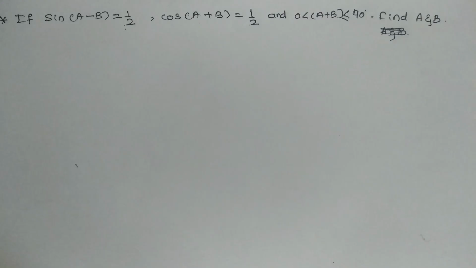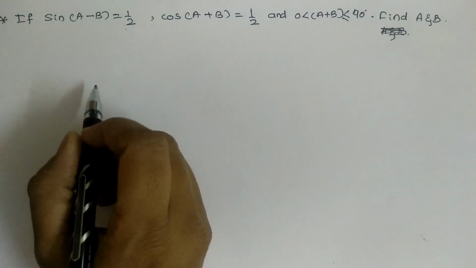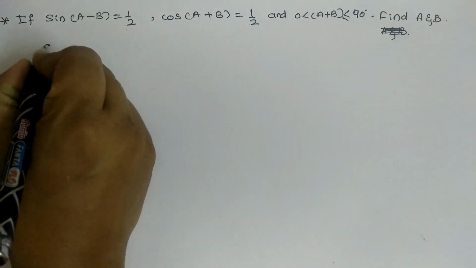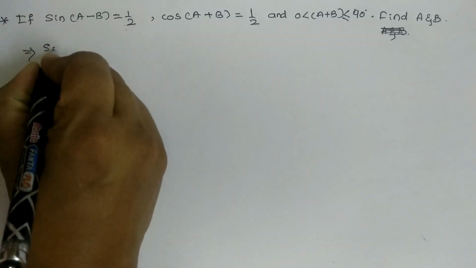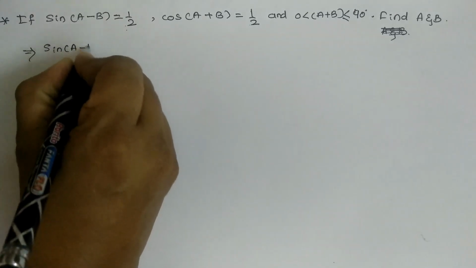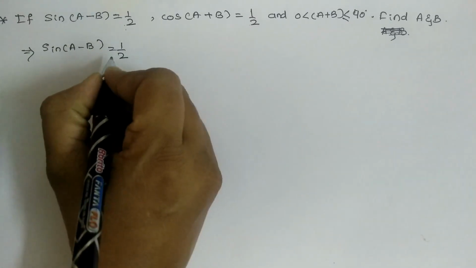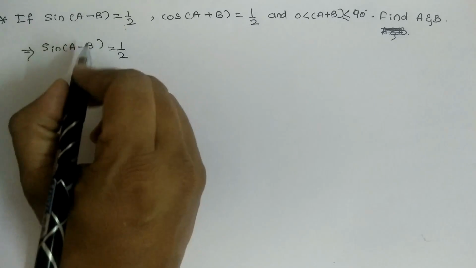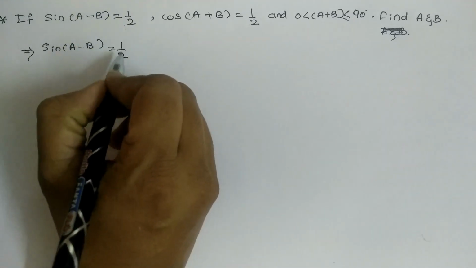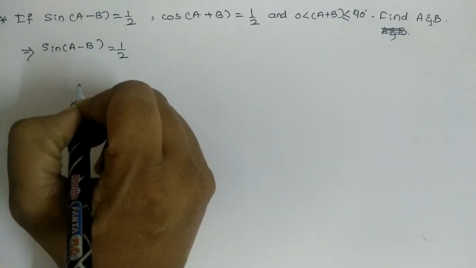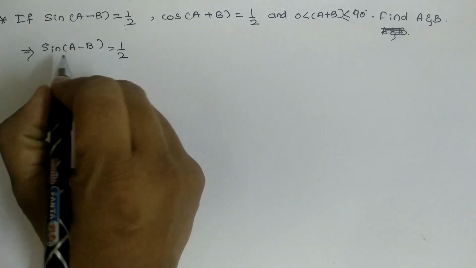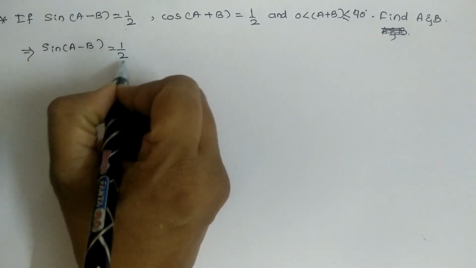Now here first let's consider sine A minus B, which is equal to 1 by 2. See, sine A minus B is given as 1 by 2, but one of the standard angles of sine gives the value 1 by 2.